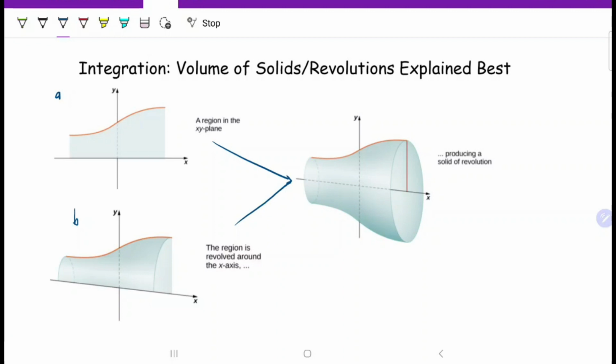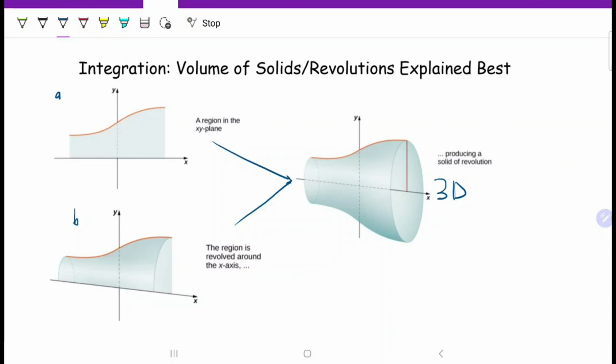What I want us to feast our eyes on now is this whole idea of a solid of revolution. So think about the very same function now rotated 360 degrees around the axis there. That creates a 3-dimensional shape, and we call that the solid. Because it's been rotated 360 degrees around the x-axis, we call that a solid of revolution.